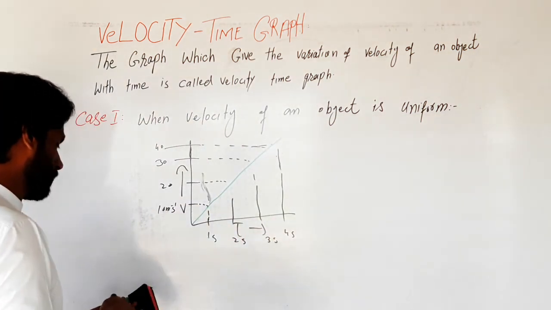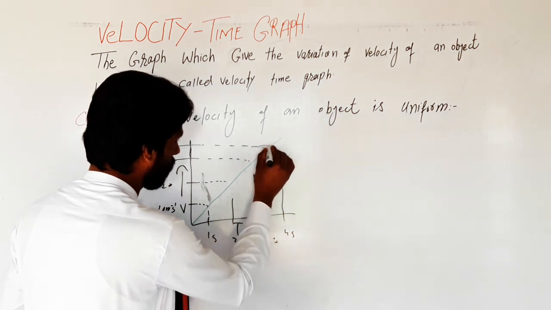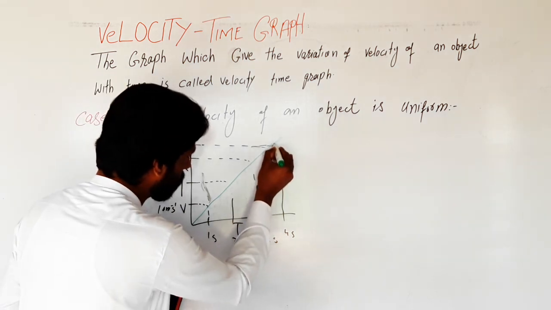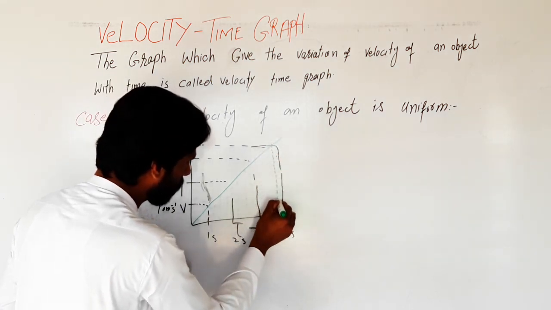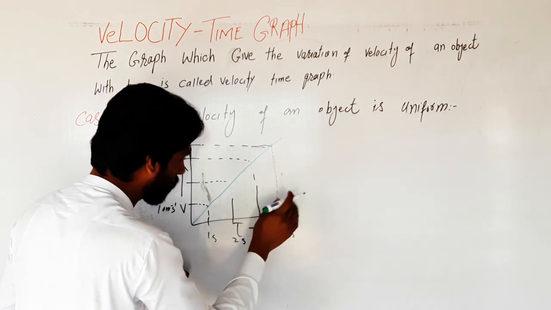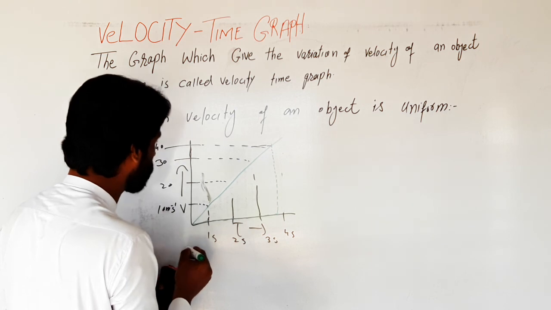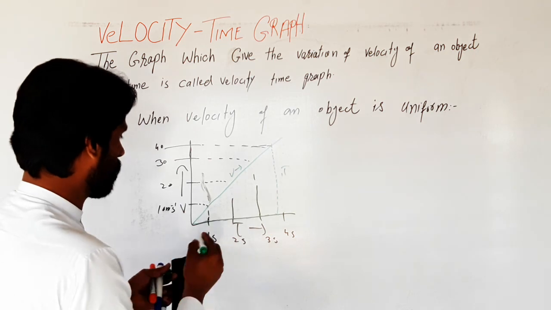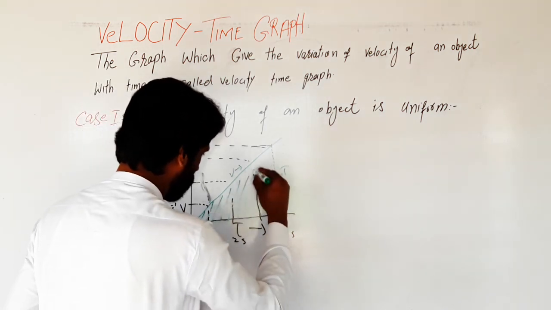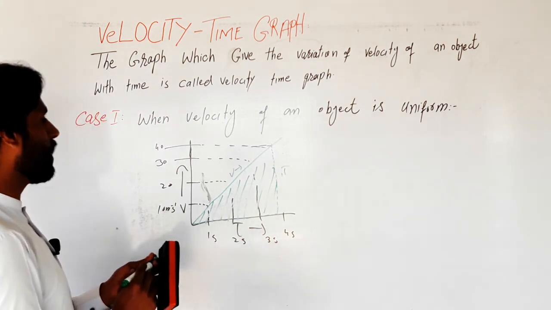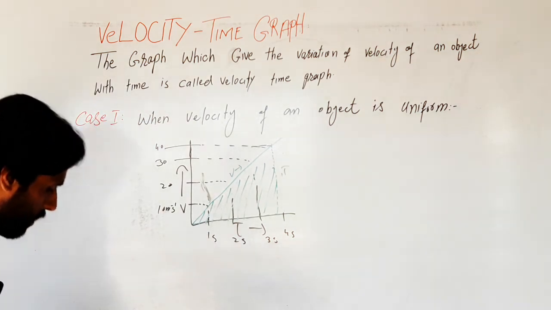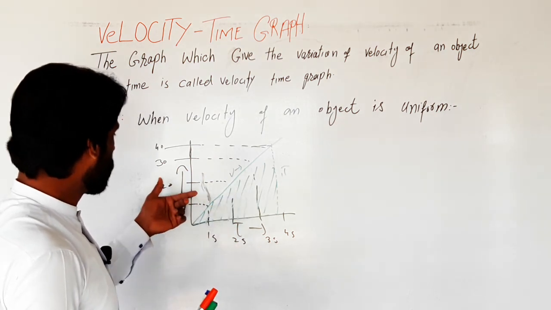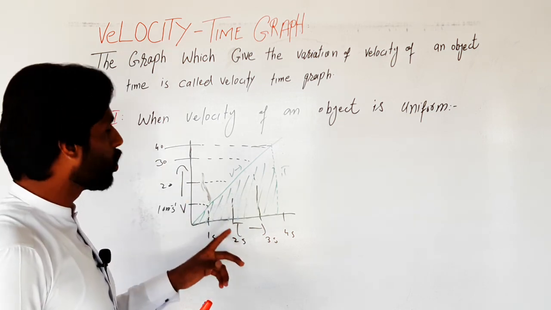The graph is a straight line, and this shaded area denotes the distance covered by a body in a time interval with uniform velocity.